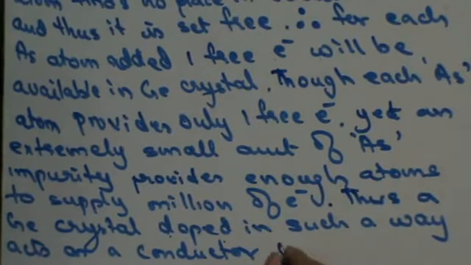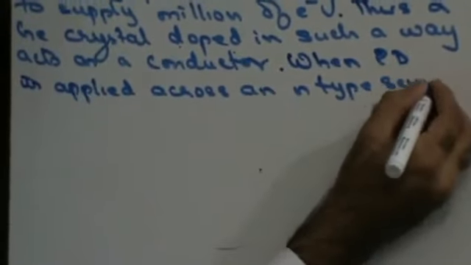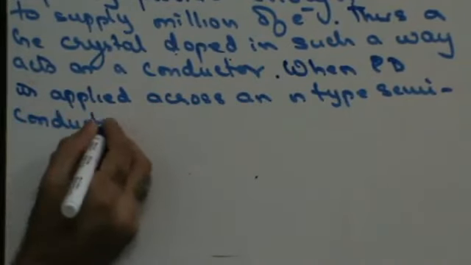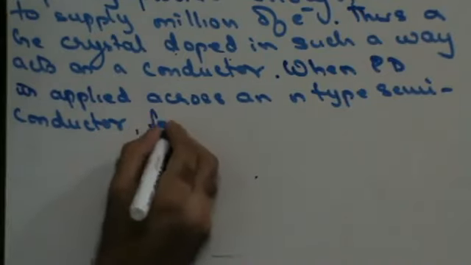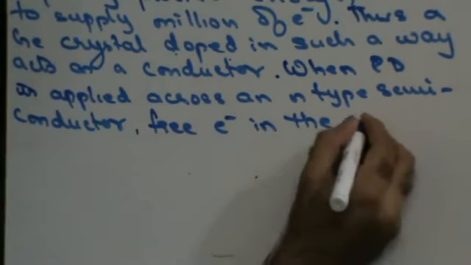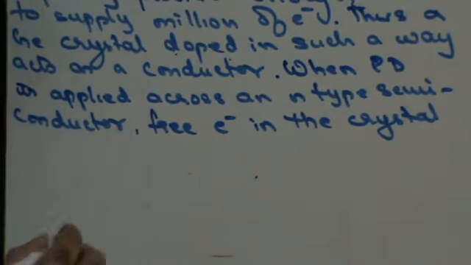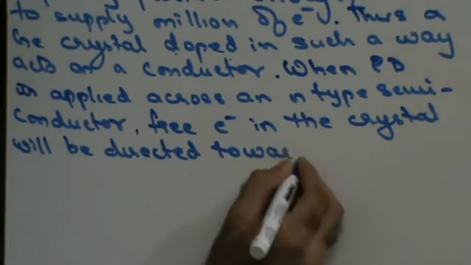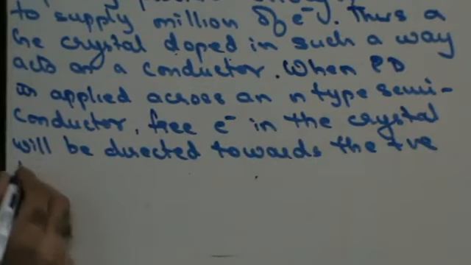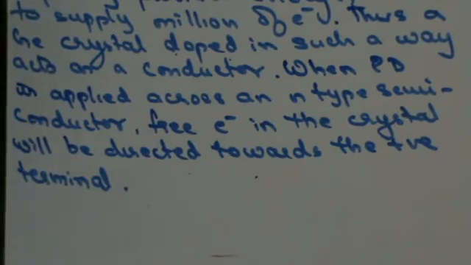I can say when a potential difference is applied across an n-type semiconductor, the free electrons in the crystal will be directed towards the positive terminal, constituting electric current.